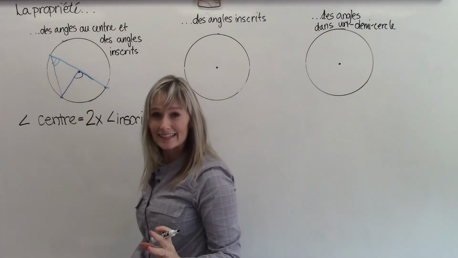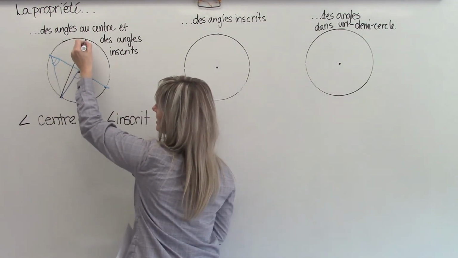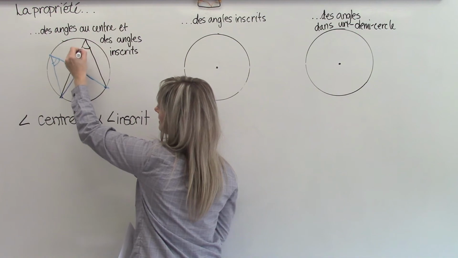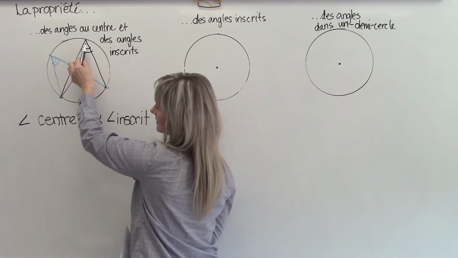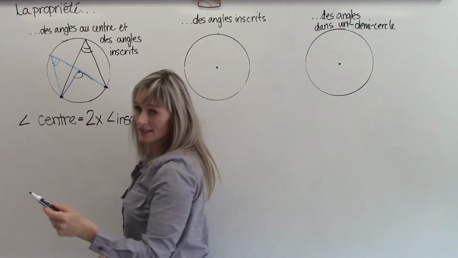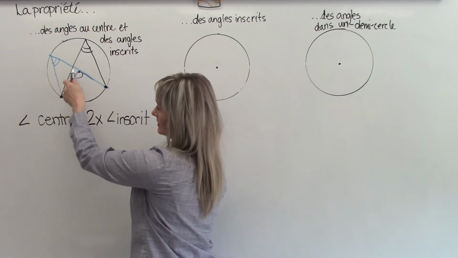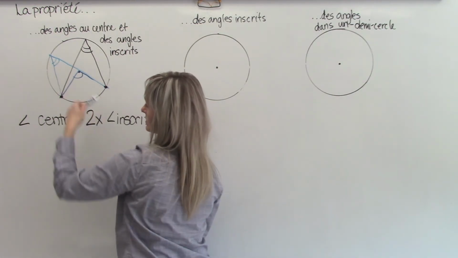So the neat thing is no matter where you put the second angle to the outside, this inscribed angle, as long as it starts in the same 2 points as the center angle, will always be half. So this center angle is double any inscribed angle.